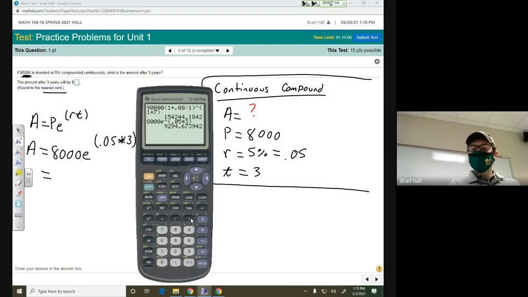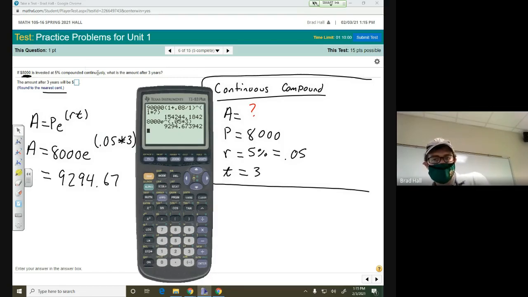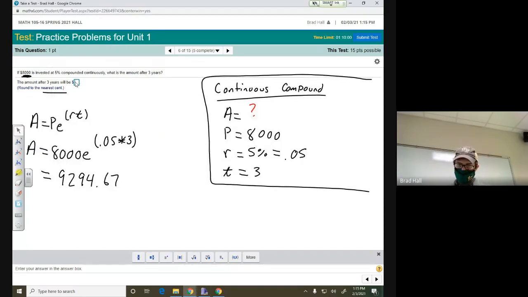Round to the nearest cent. 4.67. Does anyone have any questions here?